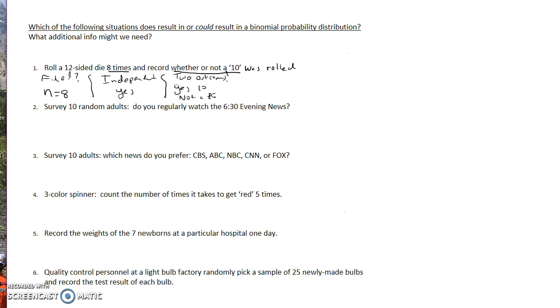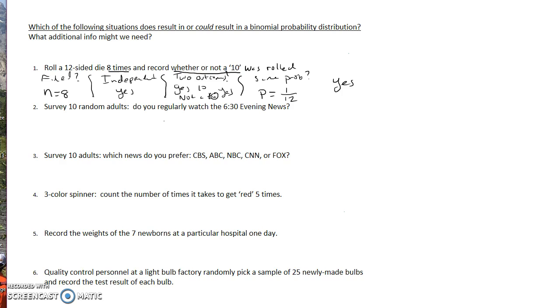So that is two outcomes, right? So that's a yes. And then is it the same probability each time? The answer is yes. We're going to use the letter P to indicate the probability of rolling a 10. There are 12 sides to this die. Probability to roll a 10 is 1 out of 12. So this one would be yes, this is a binomial distribution.